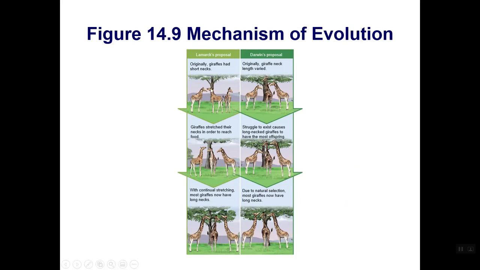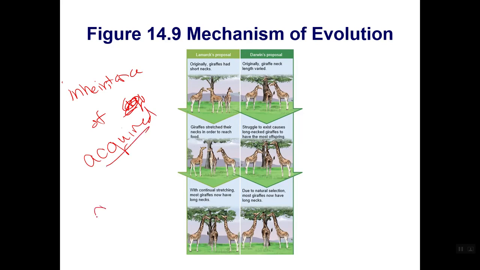So in Lamarck's proposal, he said that originally giraffes had short necks, and because giraffes stretched their necks in order to reach the food, that continual stretching allowed for the neck to become longer and thus the production of long-necked giraffes when they reproduced, because he believed in the inheritance of acquired, y'all, I cannot spell, so don't kill me if this is wrong, acquired characteristics. Okay?